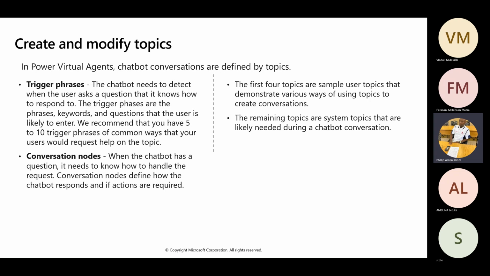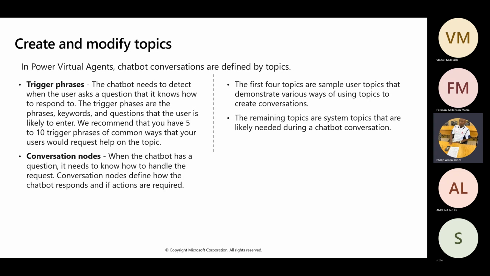Conversation nodes define how the chatbot responds and if actions are required. The first 4 topics are simple user topics that demonstrate various ways of using topics to create conversation, and the remaining topics are system topics that are likely needed during a chatbot conversation.